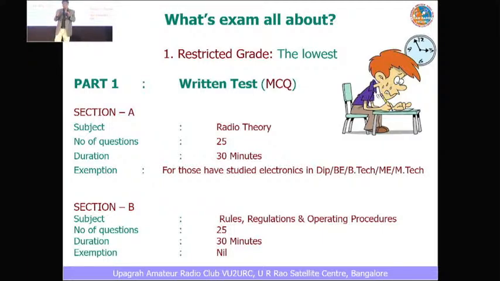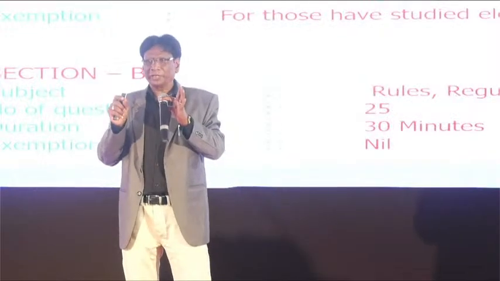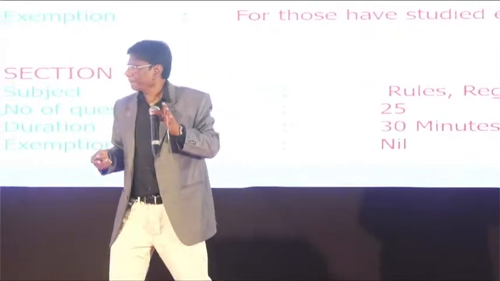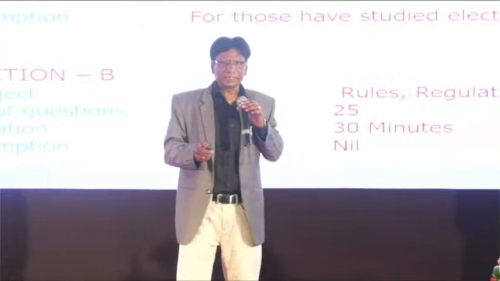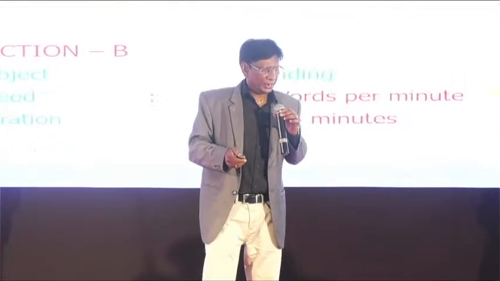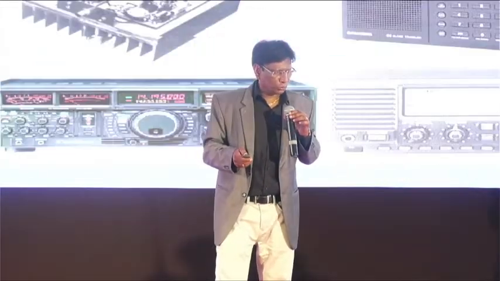You know why? Because we are going to deal with electronic equipment. If it malfunctions or there is any error, you should be able to rectify it yourself. So, this is all about the examination, and we don't want to dwell too much on this.